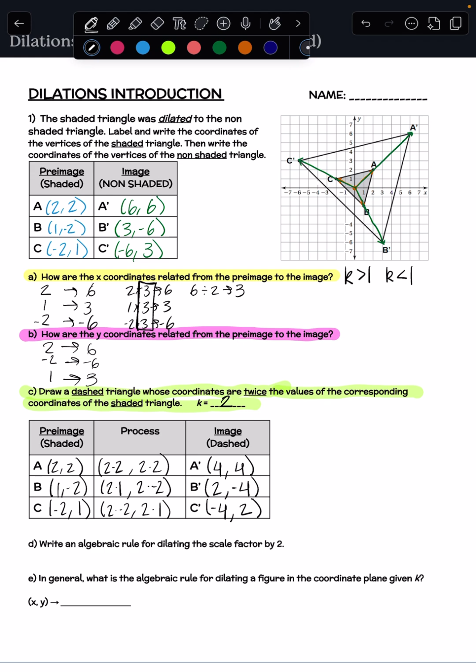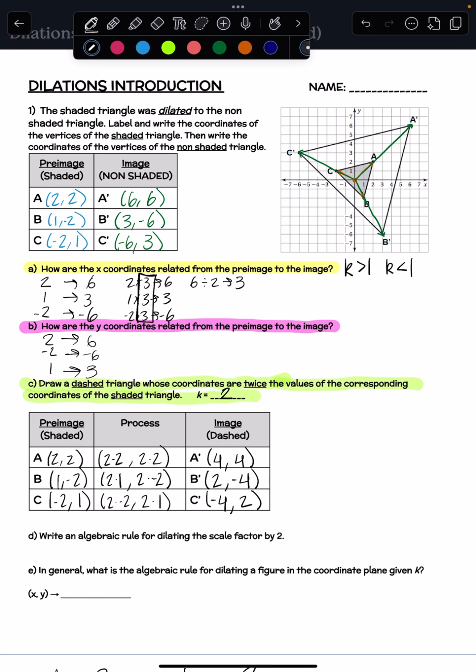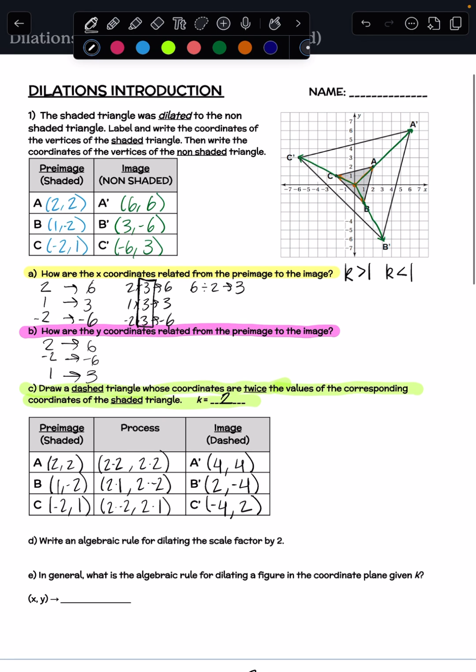Okay? So if we were to write an algebraic rule for dilating the scale factor by 2, that would be 2 times our x value and 2 times our y value, because that's what we just did in our process. But let's say we're trying to write this rule in general algebraically, then we would want to think, okay, I just need to manipulate my x and y value, and I'm multiplying that, like we can see here, by whatever my scale factor is.